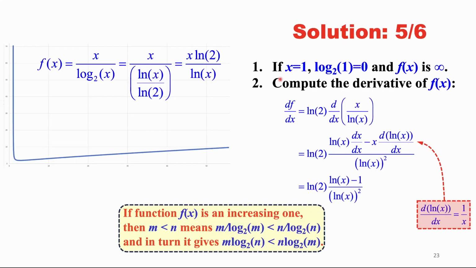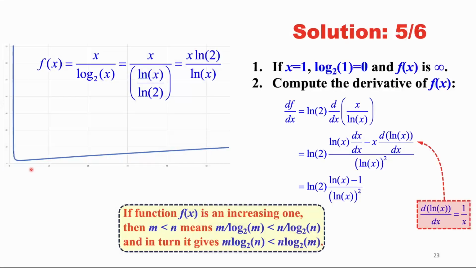Because when x equals 1, log x is 0, so fx is infinity. When x approaches 1, this function goes to infinity. But in that case, it doesn't matter, because the array must have more than one element, right? If you have only one element, one comparison is done. You don't need to do this kind of comparison at all.